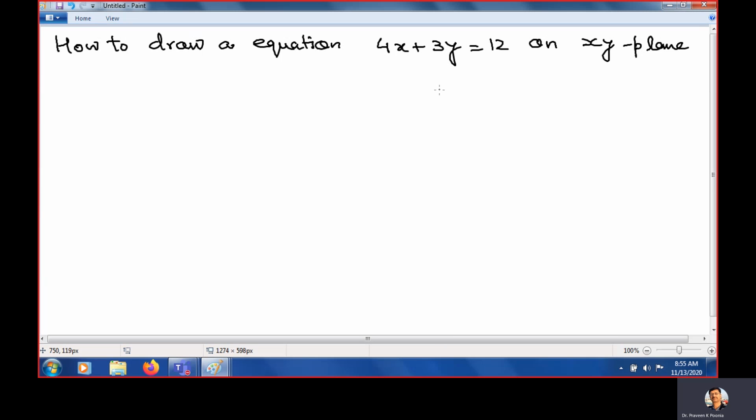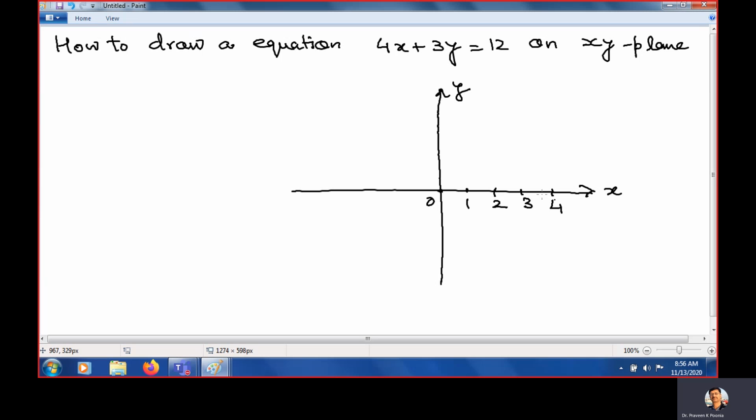First of all, I will tell you what you mean by the xy plane. The xy plane is simply this and this. This is the x-axis, this is the y-axis, and this is the center, 0. Clear? This is 1, 2, 3, 4.